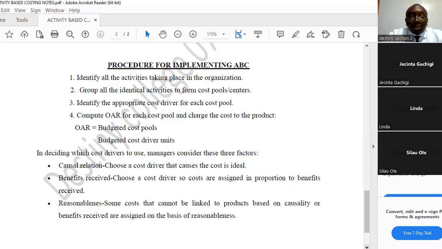Now, in deciding which cost driver to use, managers consider these 3 main factors. 1 is the cost relationship. So here we are asking what cost is the other one. So if it is machine hours that are causing the depreciation, then we go by that as the cost driver, that is the machine hours. The benefits that will be received, that is something that you need to consider.